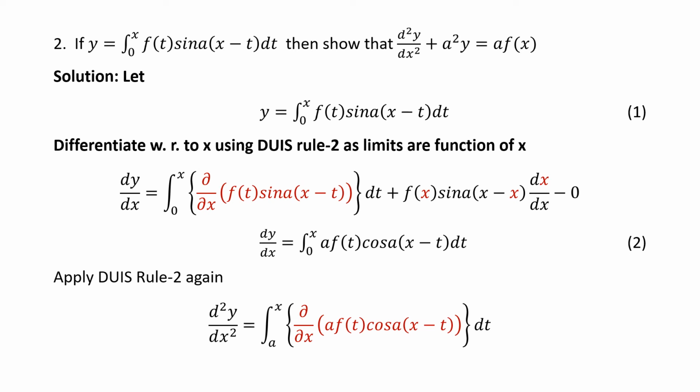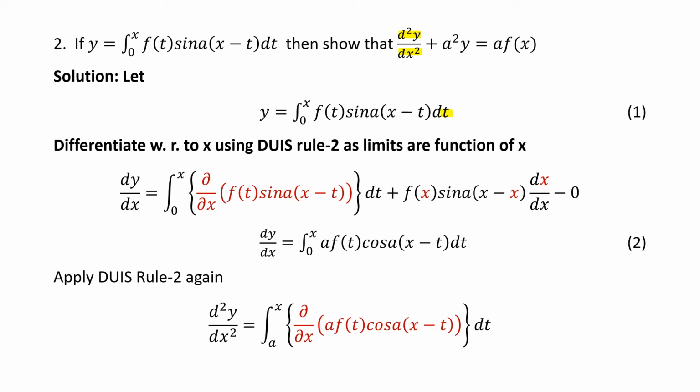Okay, so again we will start with identification of variable, parameter and constant. So this integral is given and we are integrating it with respect to t, so t is our variable of integration. Okay, now on the left hand side it is given only as y, so we are not able to tell whether it is a function of x or a, but in the question we need to differentiate d2y by dx square, meaning we need to differentiate y with respect to x.